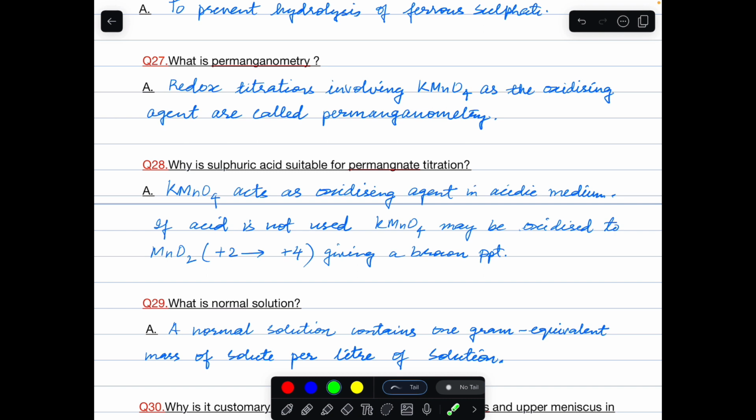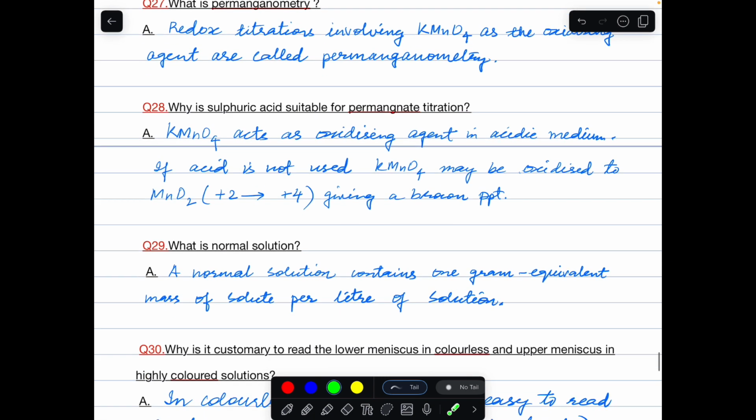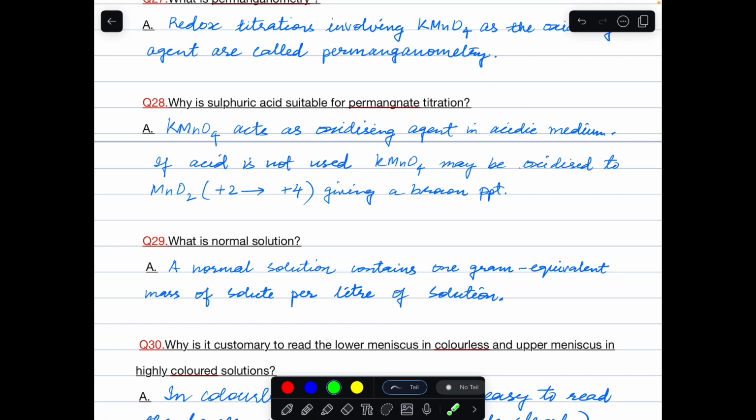Why is sulfuric acid suitable for permanganate titration? In your titration also you have added sulfuric acid. Potassium permanganate acts as an oxidizing agent in acidic medium. You know that a few oxidizing agents need a particular medium for their oxidizing property.